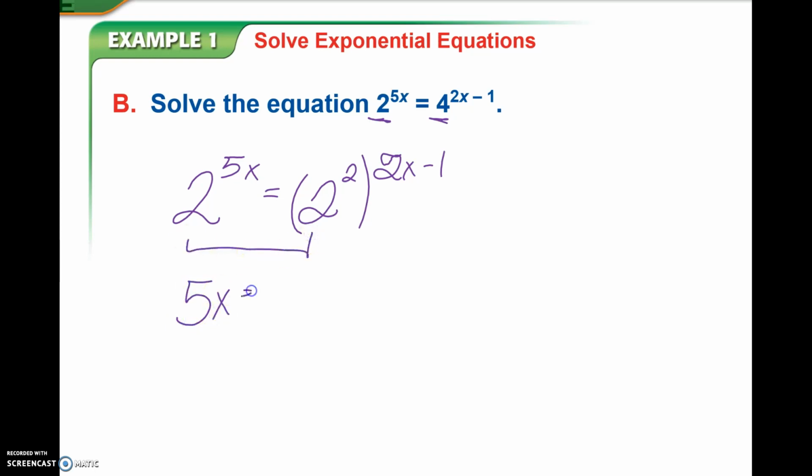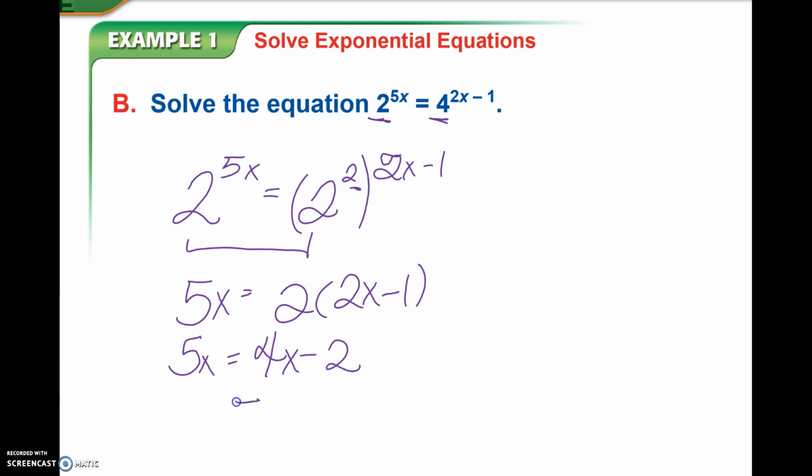So 5x equals 2 times 2x minus 1. And then I'm just solving for x like normal, nothing different there. So 5x equals 4x minus 2. Subtract the 4x. x equals negative 2.